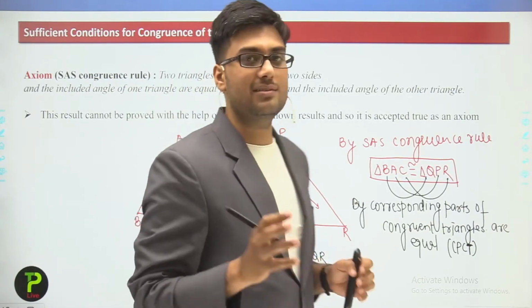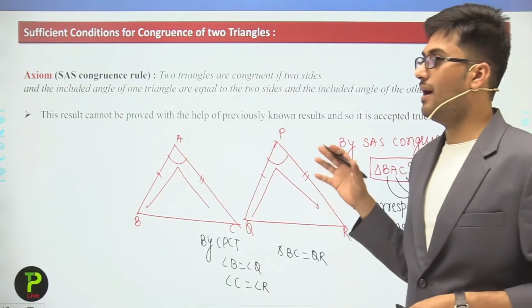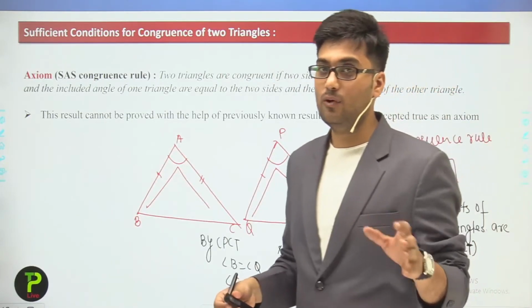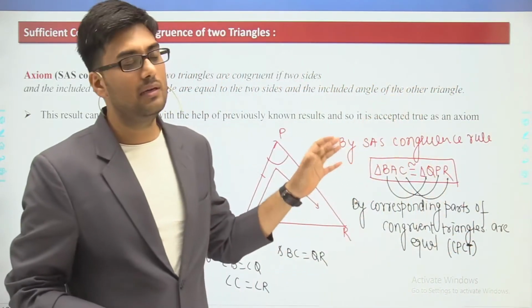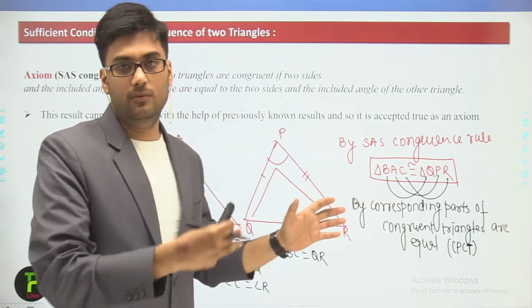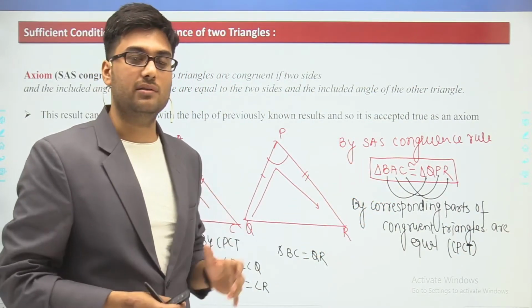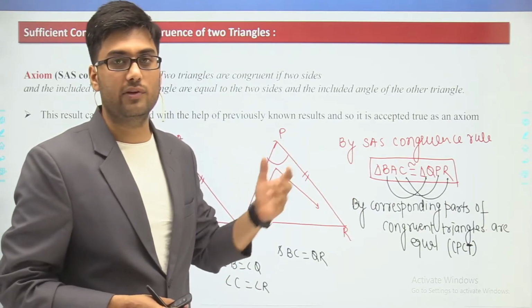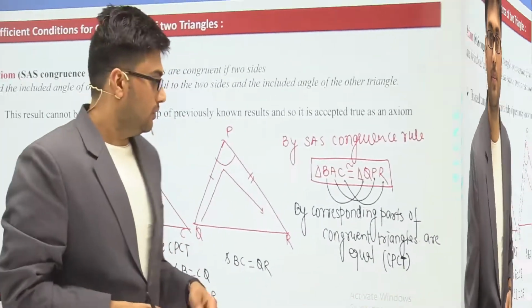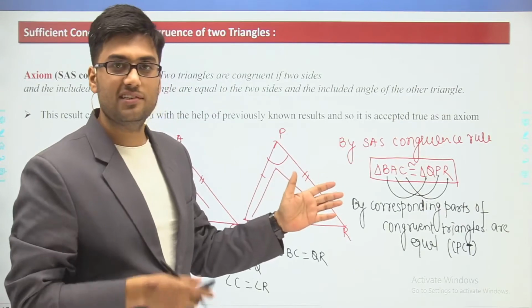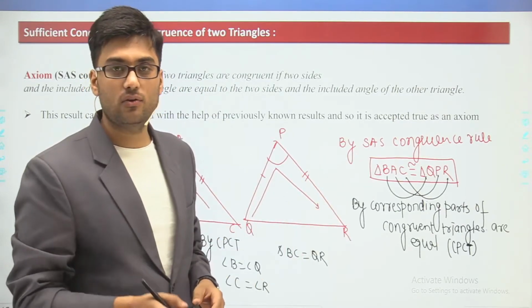So students, this is all about the SAS congruency rule. I hope you understand this rule. After discussion of the 4 more criteria, we will discuss some examples of congruency of triangles. Clear?